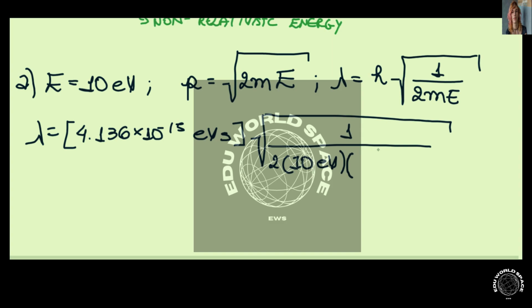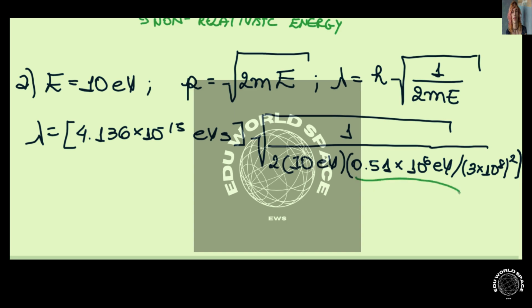I'm going to write the mass in terms of electron volts, so 0.51 times 10 to the 6 electron volts divided by the speed of light squared, which is 3 times 10 to the 8 squared. Okay?